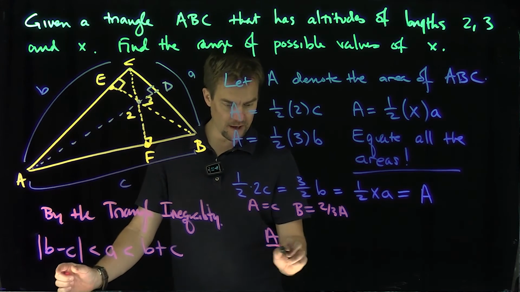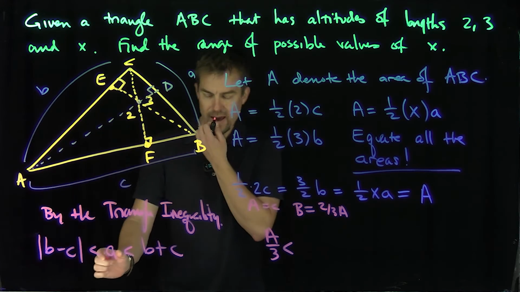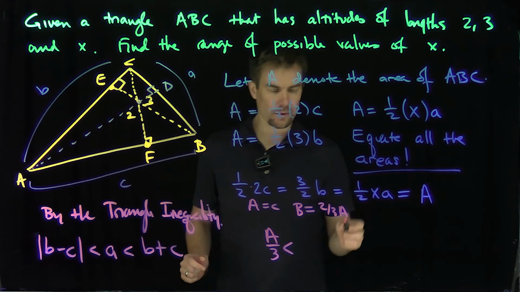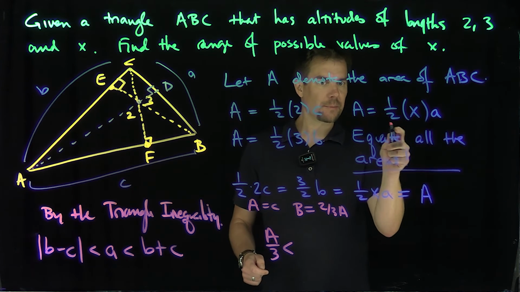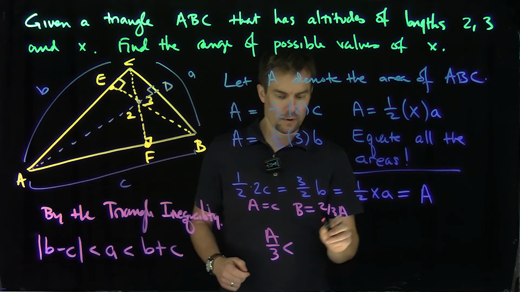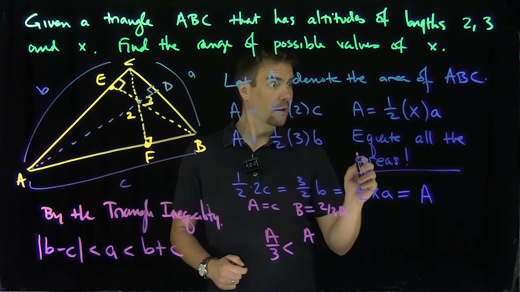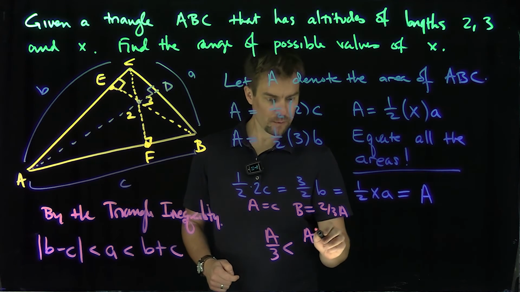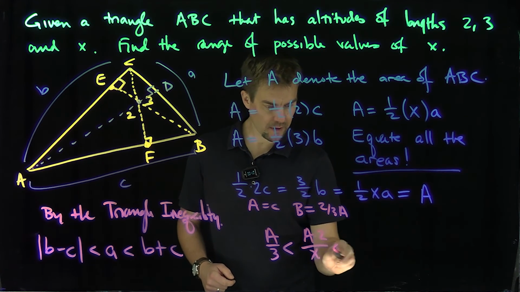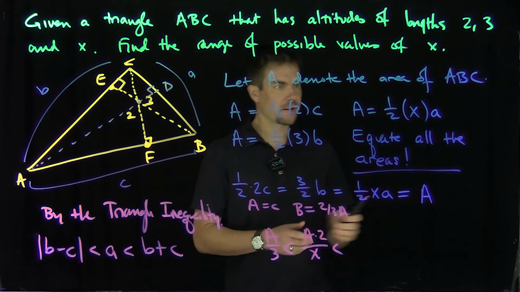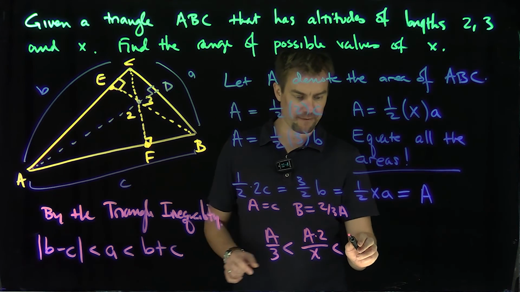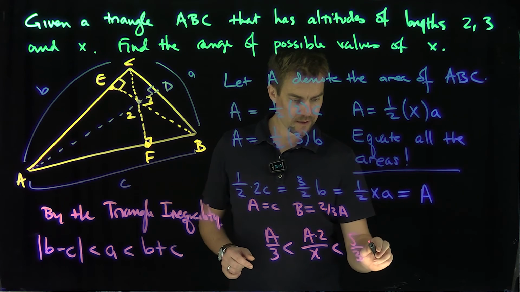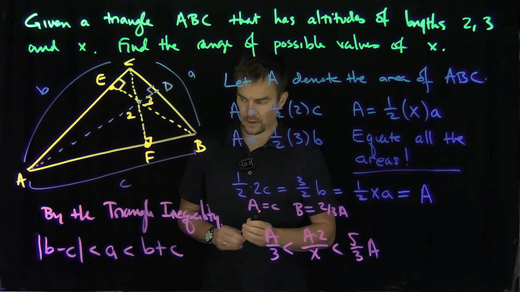The area over 3 is less than A, which is equal to the area times 2 over x, and that is less than B plus C. And B plus C is 5/3 of the area. Great.